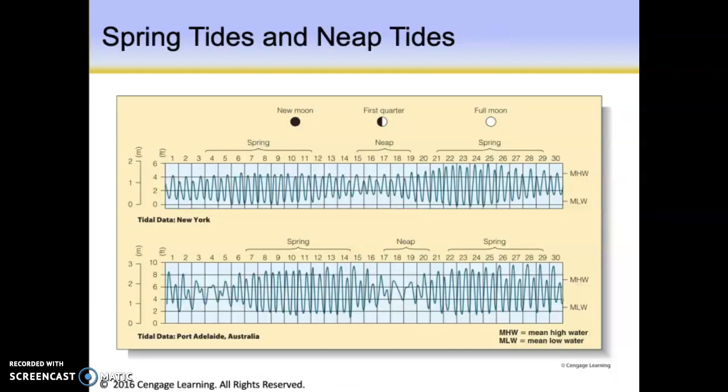The way this actually looks is like this. You can see the crests and the troughs over the course of a month. The spring tide refers to the constructive interference. This is not a seasonal term. So spring tides happen twice every month, not just during the spring. And the neap tides also occur twice every month, although only one is labeled here.